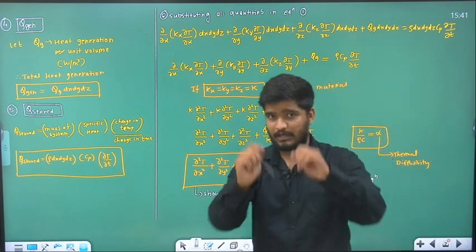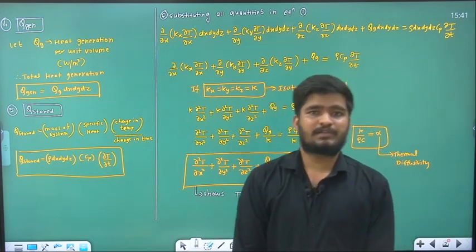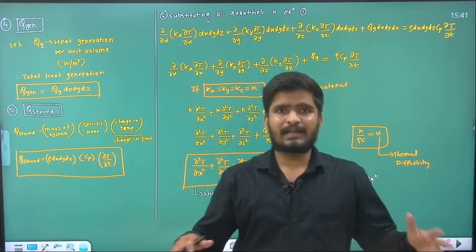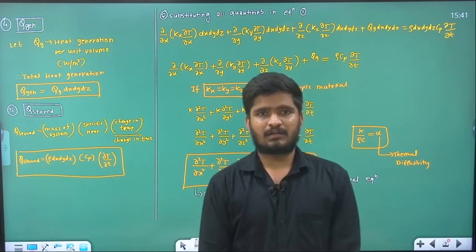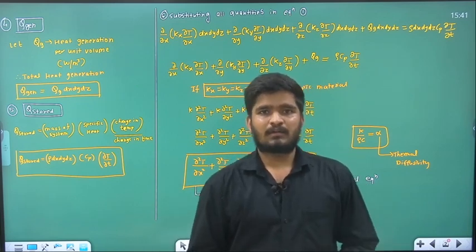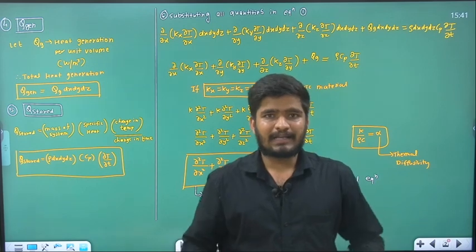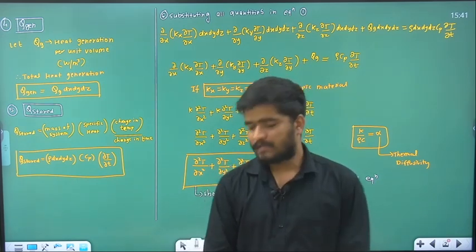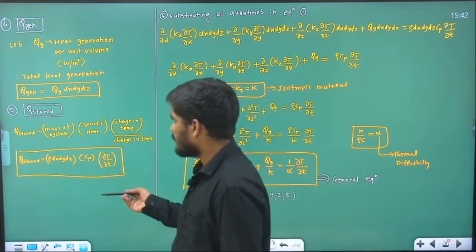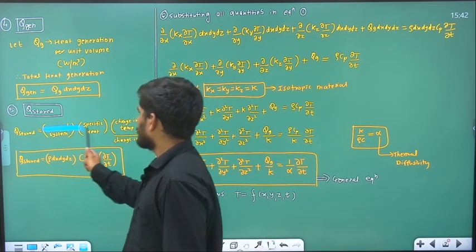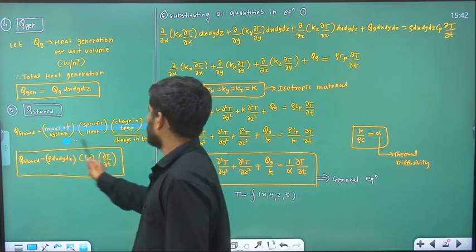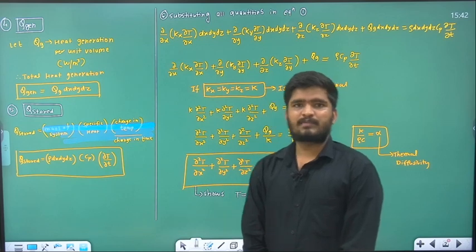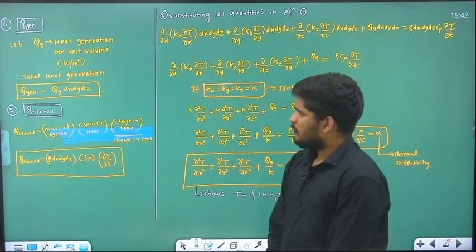Now it's time to think of heat storage. Now what is heat storage, sir? The body will try to increase its own temperature. So in that process, that particular body will absorb heat, will store heat. So that heat storage will be calculated by using this particular expression. So what is there?